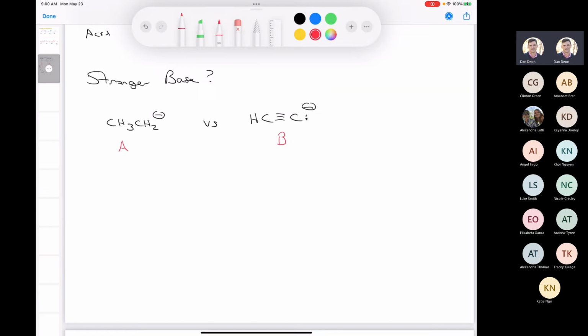Yeah, absolutely. Thanks, Kiana. It's going to be A that is the stronger base. How did she know that? Well, if we add H plus, we end up with CH3CH3, which is an alkane. Now, an alkane has a pKa of 50, whereas if we add a proton here, we end up with this guy, and this has a pKa equal to 25.